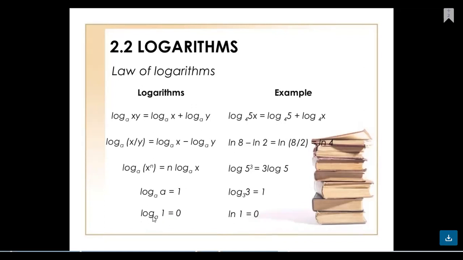Okay, so again, itong nasa ilalim ng log, ayan yung base natin. Yung nasa after ng equals, ito yung exponent natin. And then, ito yung nagiging sagot. Okay? So again, A raised to 0 will always be 1. So parang ln 1 is equal to 0 kapag kinonvert natin. Same pa din. Okay, so any variable raised to 0 will always be 1.